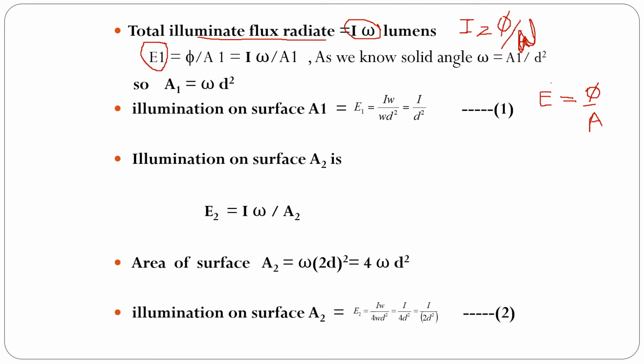The second equation: I, the intensity of the light, is equal to phi by the solid angle omega. So we put the value of flux. Now what is flux? Flux is equal to I into solid angle omega.